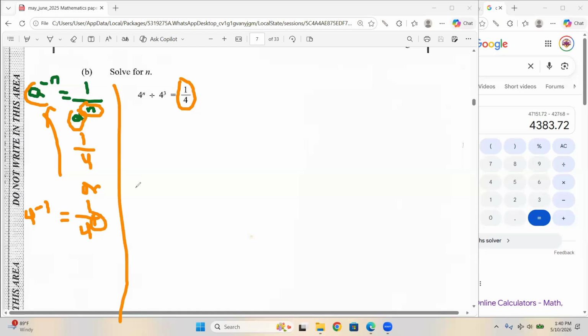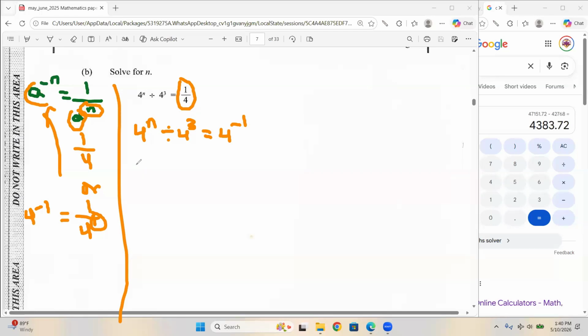So I'm rewriting the question as 4 to the power of n divided by 4 to the power of 3 is equal to 4 to the power of negative 1. Since everything now is in indices form, I know that when you are dividing powers or indices, you subtract the powers.